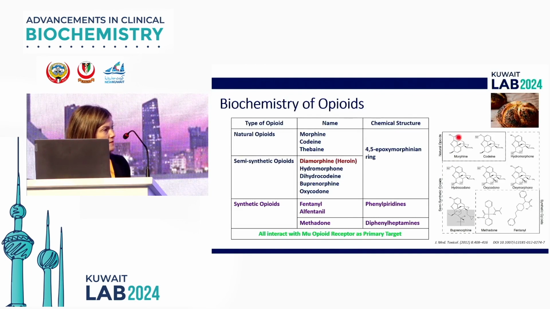And the diagram on the right-hand side shows you a poppy seed roll, which is a very common way of increasing your blood and urine thebaine concentrations, and the various structures, showing you the 4,5-epoxymorphinan ring and the phenylpiperidine structure of fentanyl and its analogues, and in the middle here, methadone, its diphenylheptane structure. And they all interact with the mu opioid receptor as their primary target.